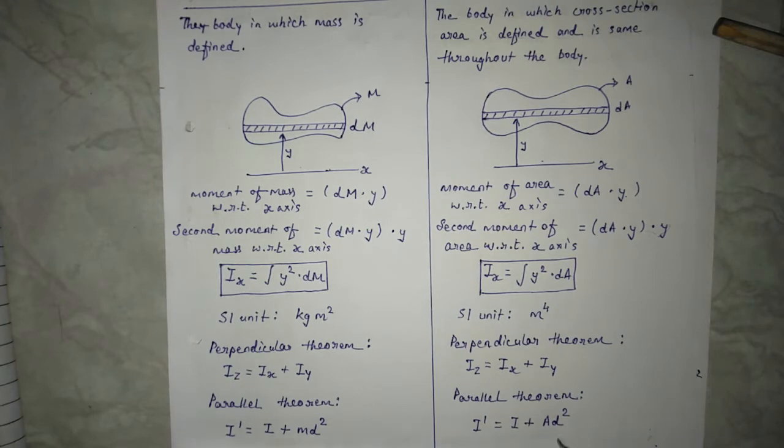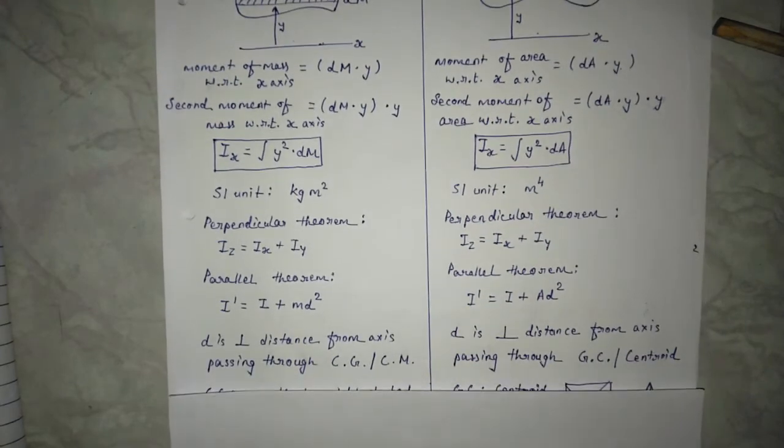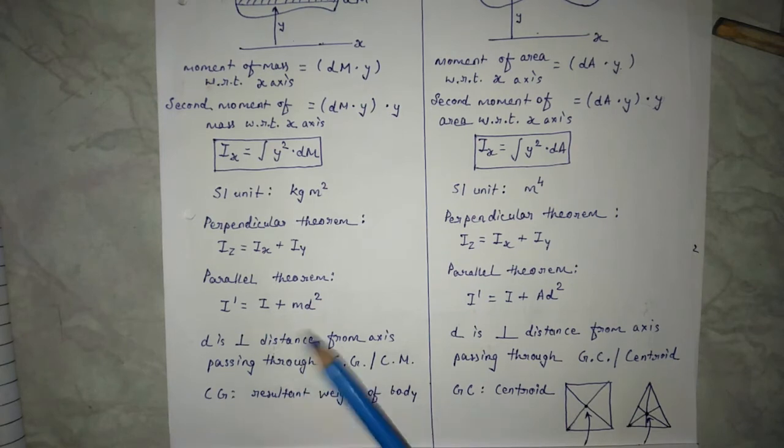And what is this d? Let's see. Here d is the perpendicular distance from the axis passing through the CG, or I can say the center of mass. And over here, d is the perpendicular distance from the axis passing through the GC, that means the geometric center, or we can say the centroid.